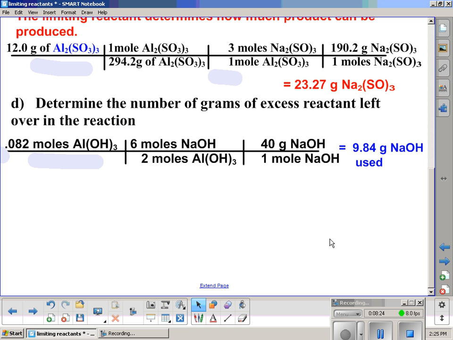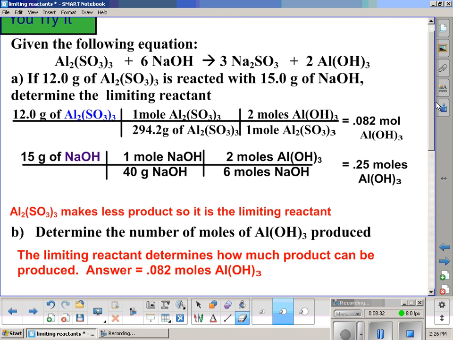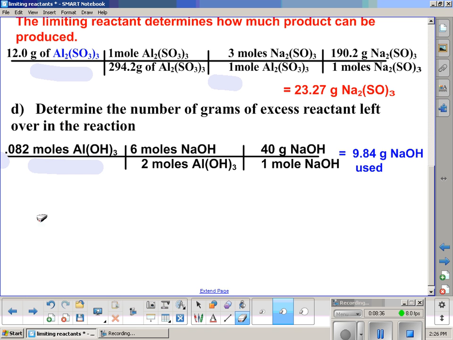Now, we're not quite done yet. What we have to do next is subtract that 9.84 from what we started with, and we started with 15. So 9.84, or excuse me, 15. Well, I need some color here.